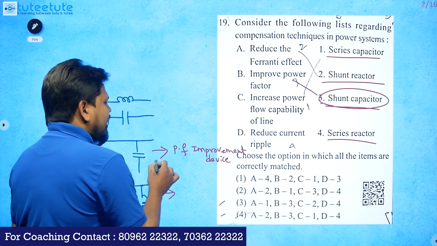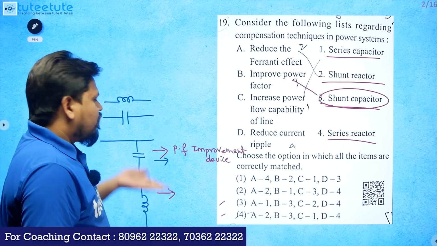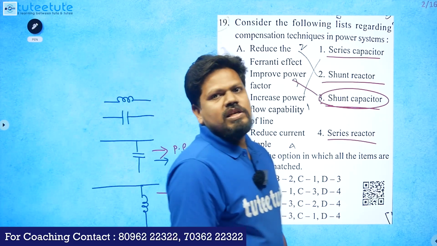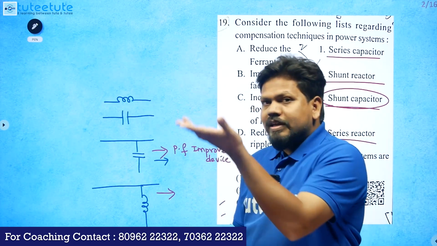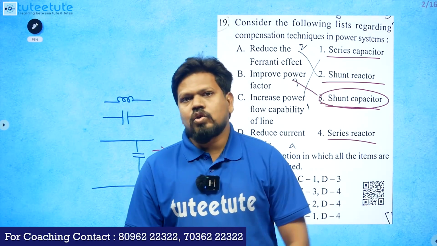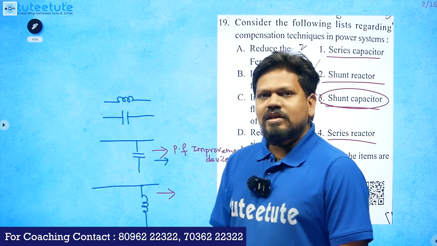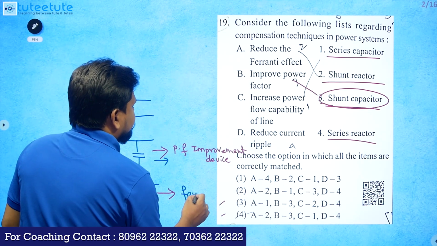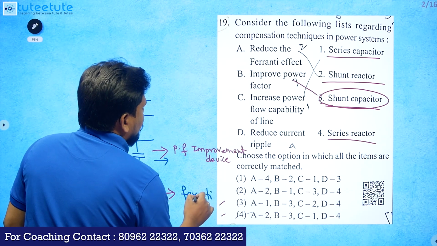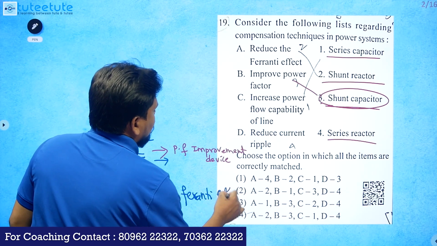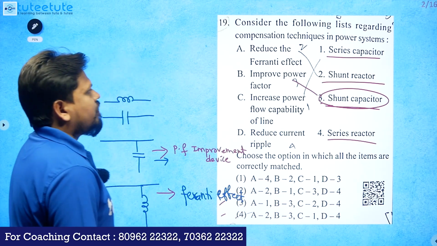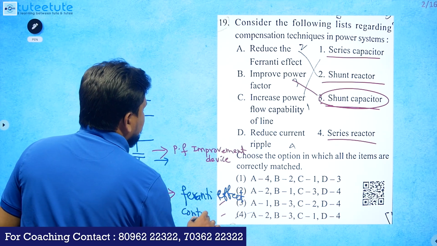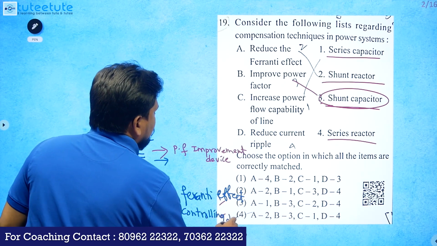So for under voltages, the voltage profile improvement device is the shunt capacitor. For over voltages or Ferranti effect control, we use the shunt reactor. So we can call it a Ferranti effect controlling device, otherwise a Ferranti effect reducing device.